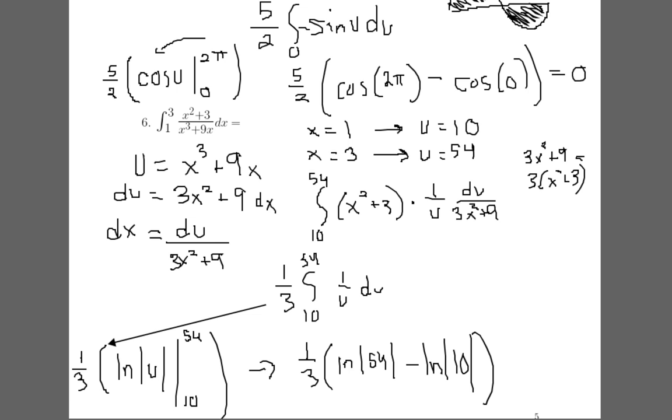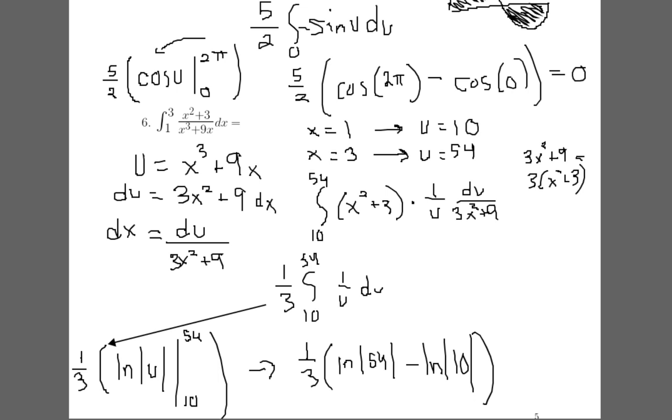All right, so something important that you want to do with definite integrals is that there are two ways you can do it. Generally, the preferred way is that when you use u-substitution, you find the endpoints of your integral in terms of u. But it is possible to substitute your initial u in.